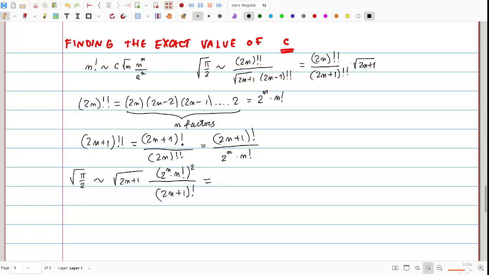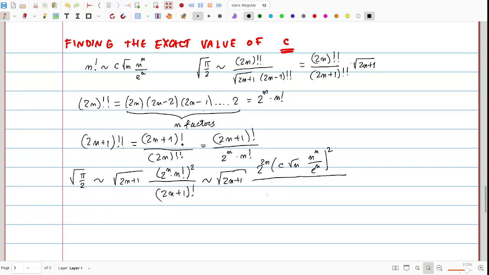And now let us see. Okay, now we can plug in Stirling's formula. So here is 4, let's say 2 to the power 2n, n factorial squared. N factorial is asymptotic to C square root of n, n to the power n over e to the power n, and all of this is squared.